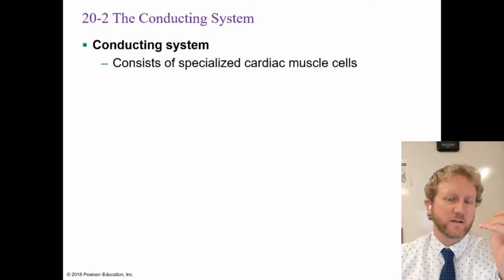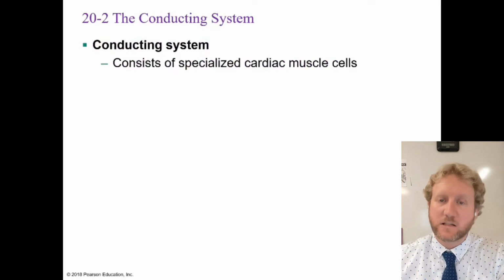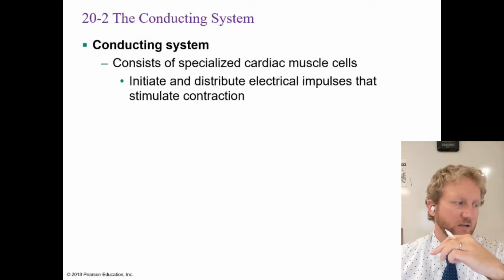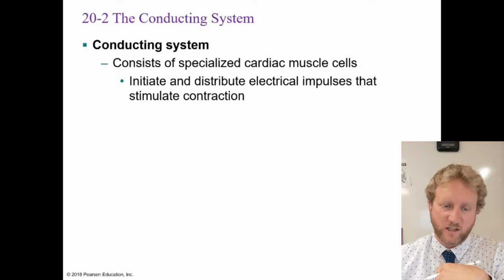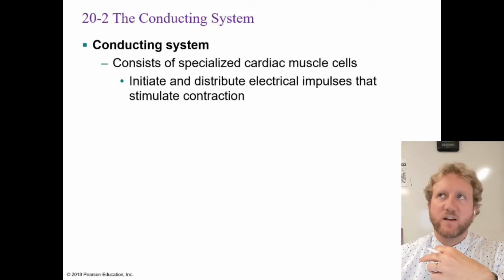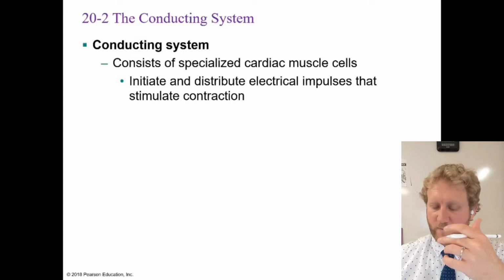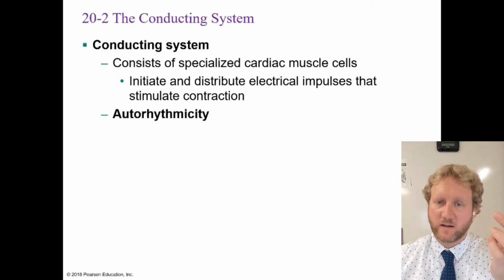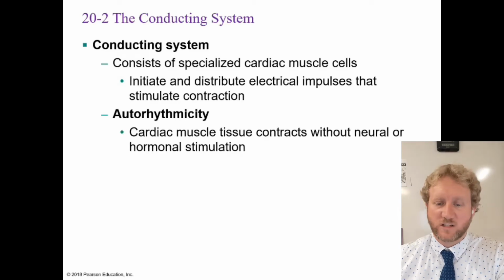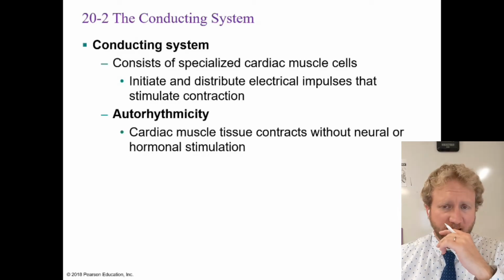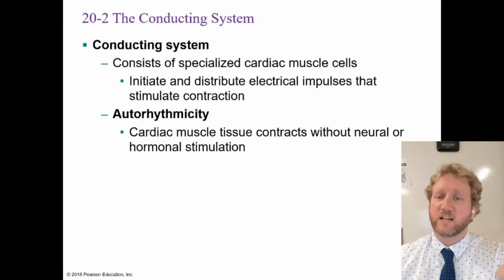The conducting system is specialized cardiac muscle cells. These cells, one section initiates electrical impulses, the other one distributes the electrical impulses. This gives the heart its autorhythmicity, which means the cardiac muscle tissue can contract without outside stimulation.